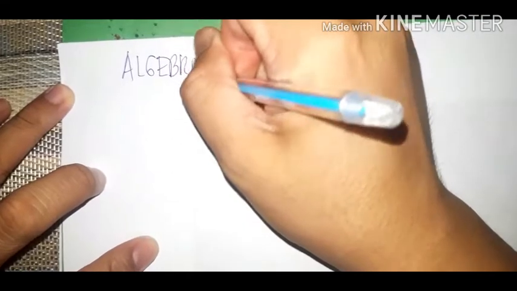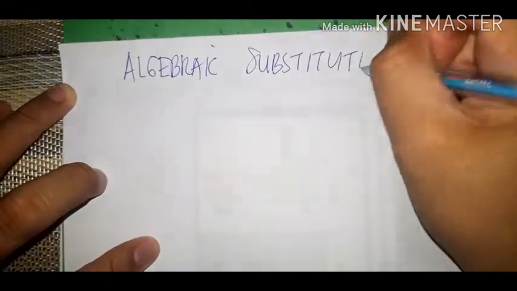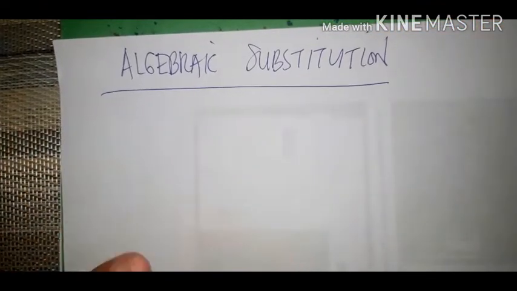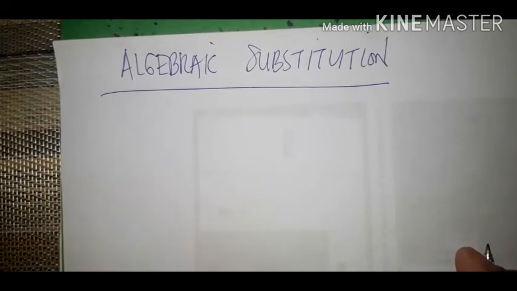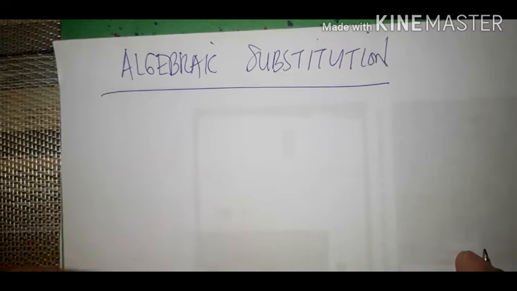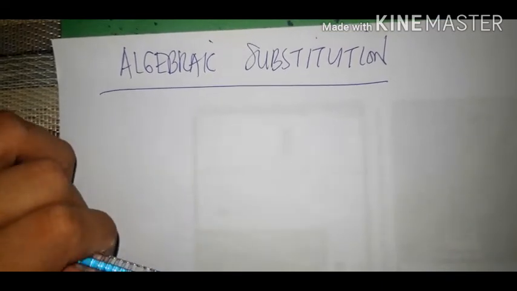Okay, so our next integration technique is algebraic substitution. This is usually done to simplify a more complicated integrand, usually because it contains radicals.